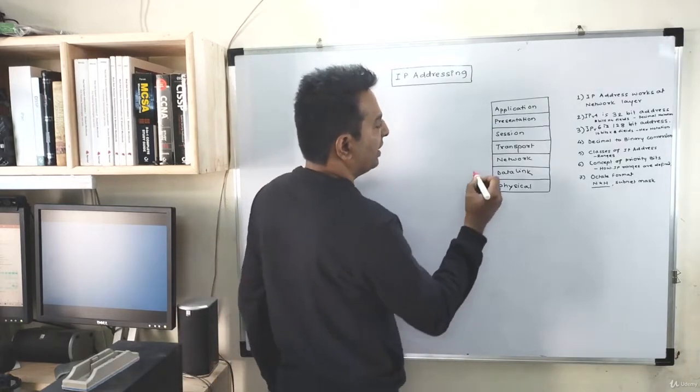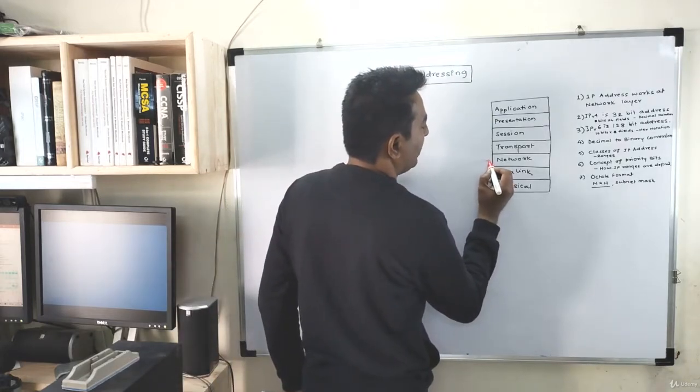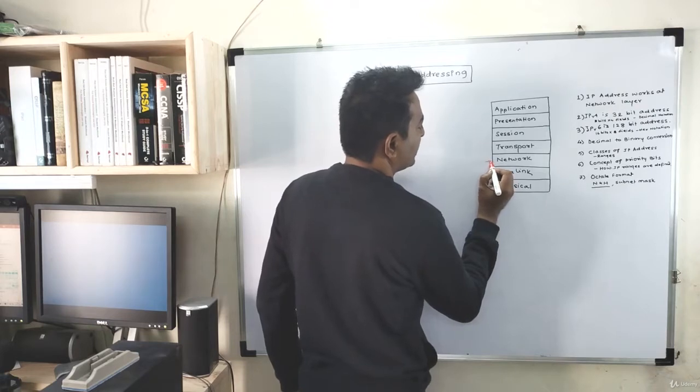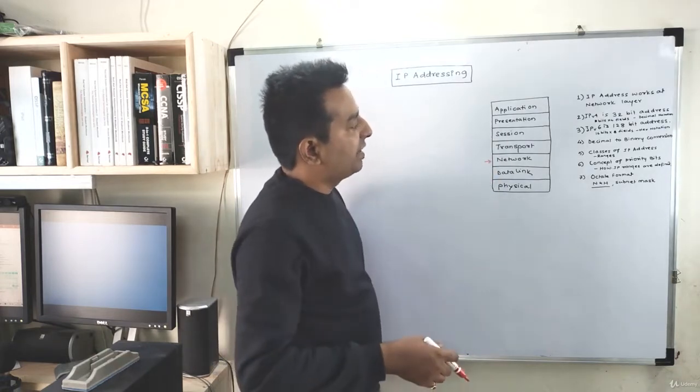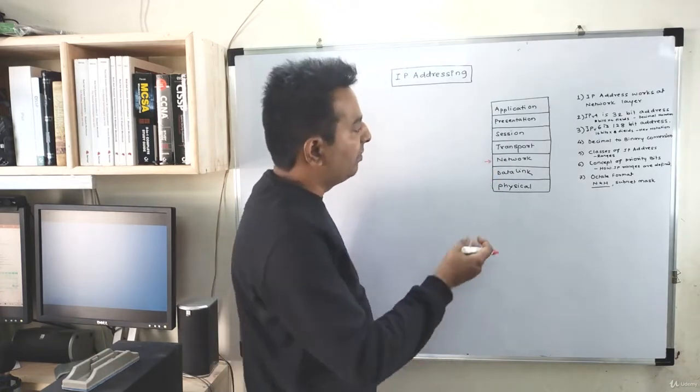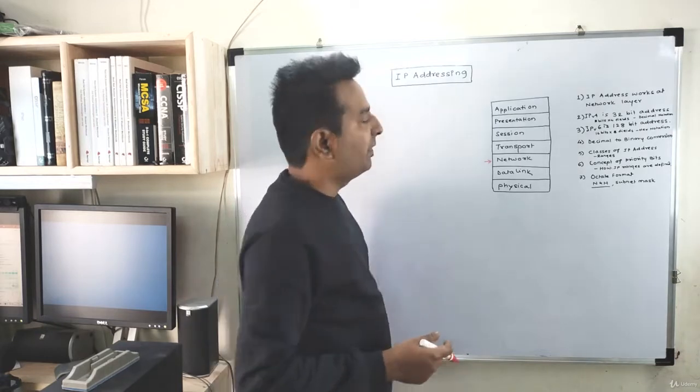So friends, IP address works at this particular layer. The layers in the OSI model are numbered from bottom to top.